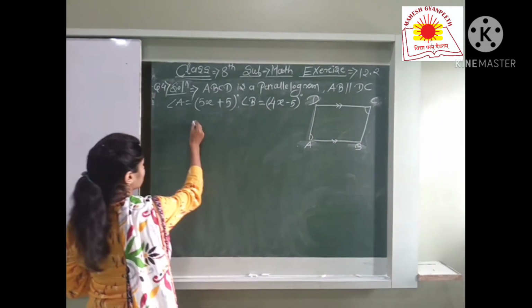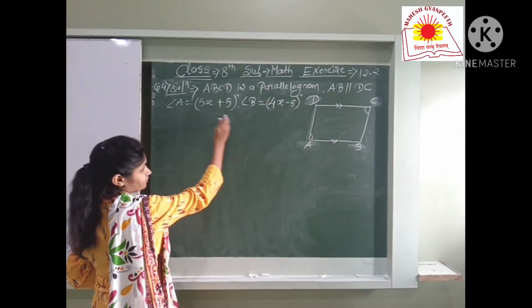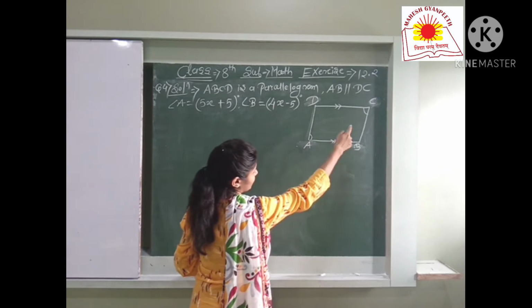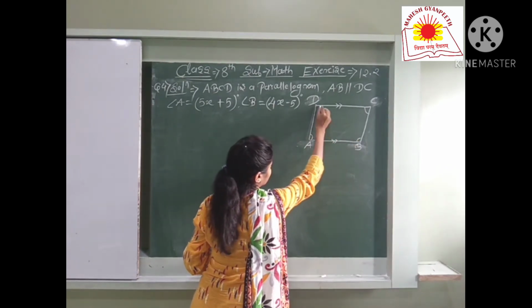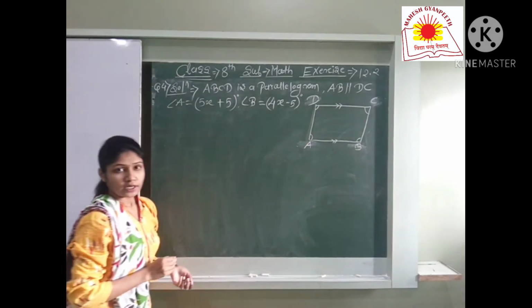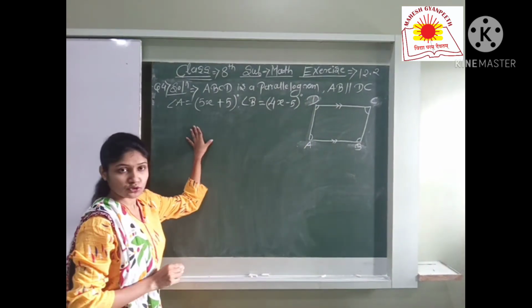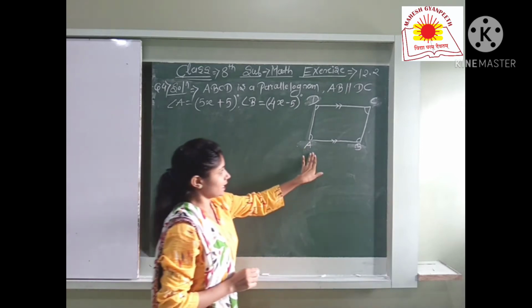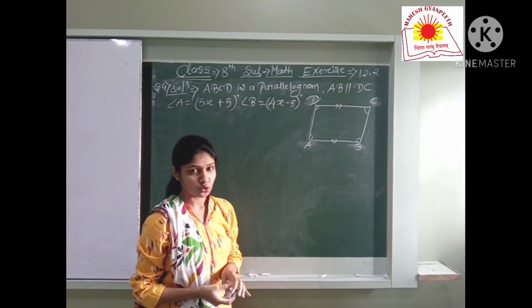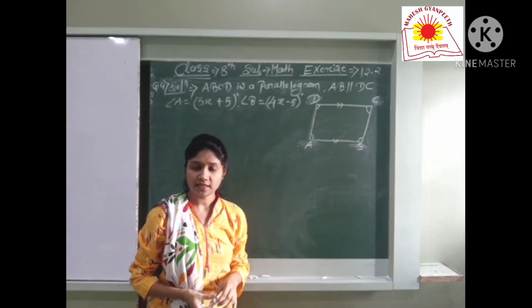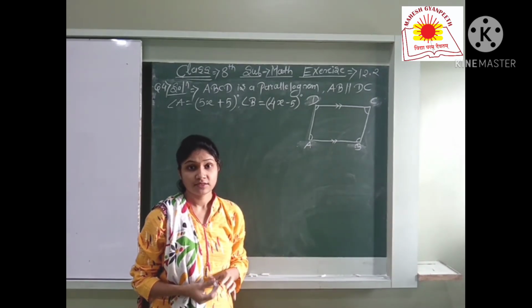Now see, students, angle A and angle B. How to solve this question? Angle A and angle B are what? Adjacent angles. So what is the sum of adjacent angles? The sum of adjacent angles is 180 degrees.